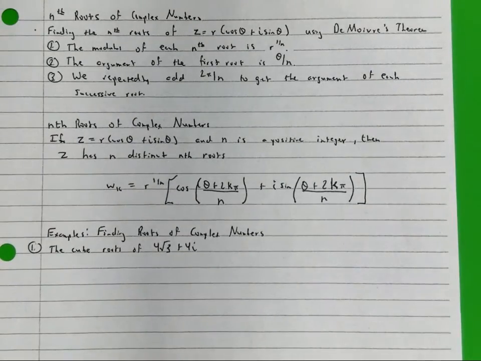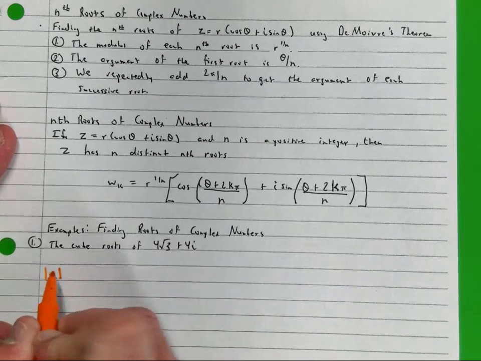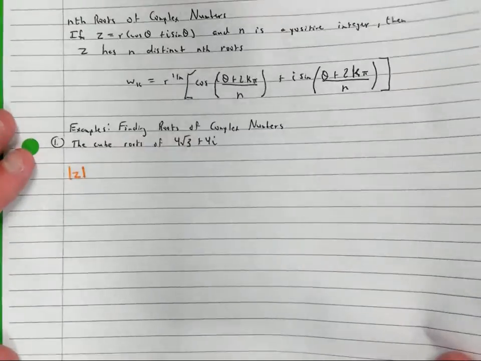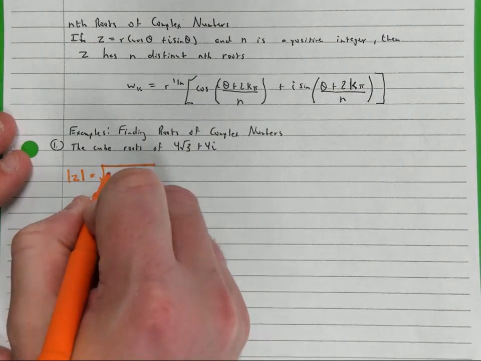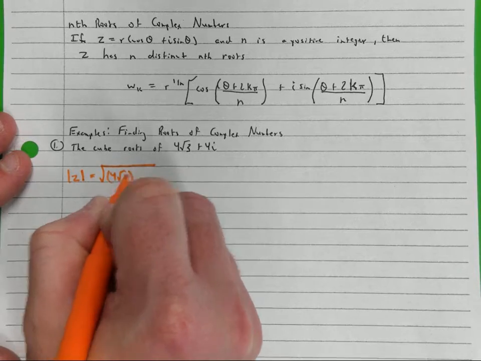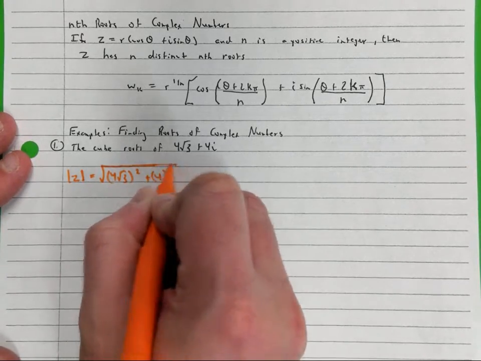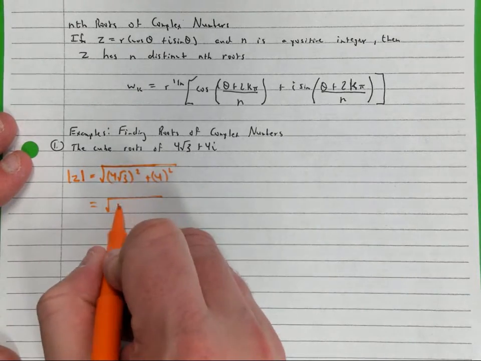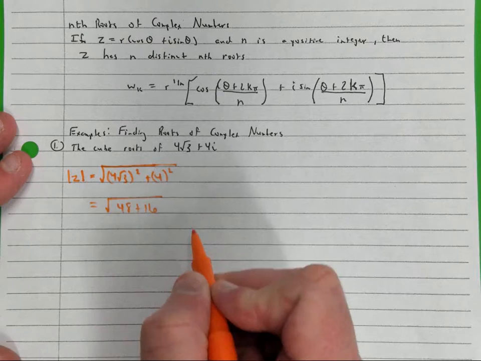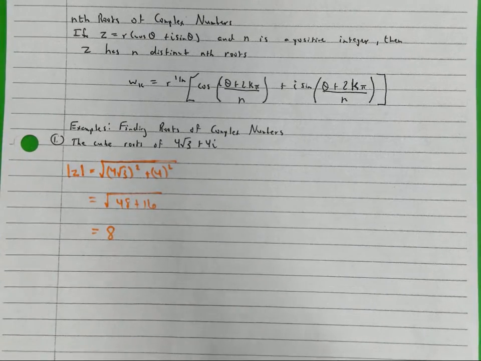So, first thing we'll do is put this in polar form. 48 plus 16, 64, square root of 64, 8.